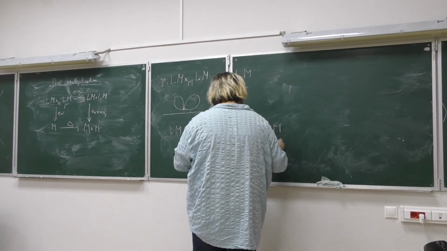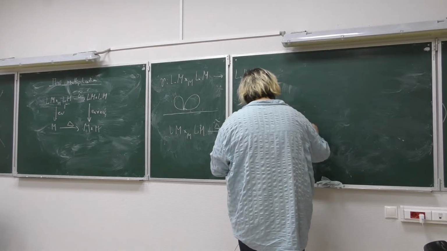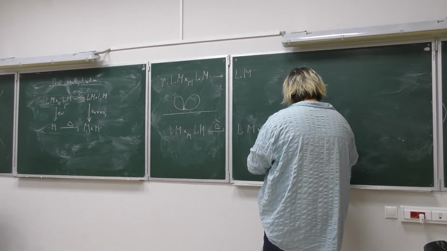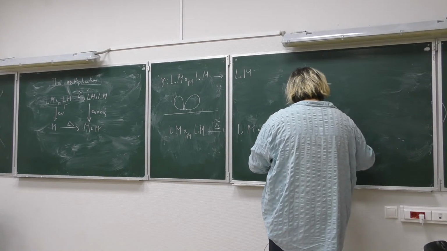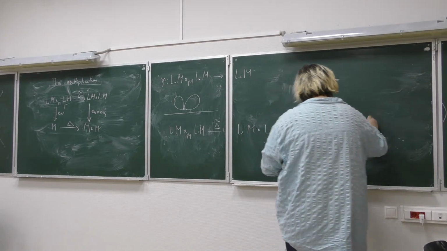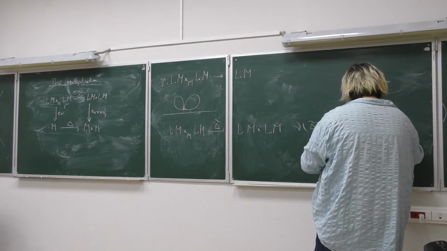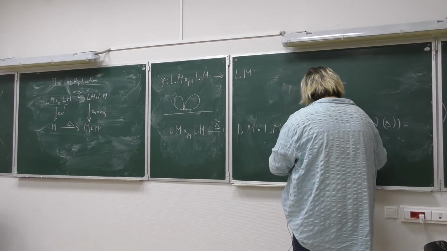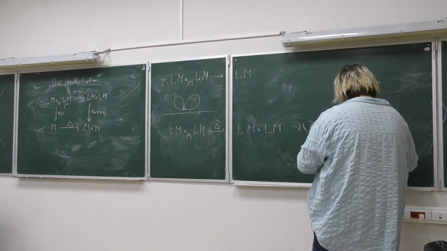Okay, so we have a tubular neighborhood of delta tilde, which is just the inverse image of this thing, which is equal to the inverse image of Tm.